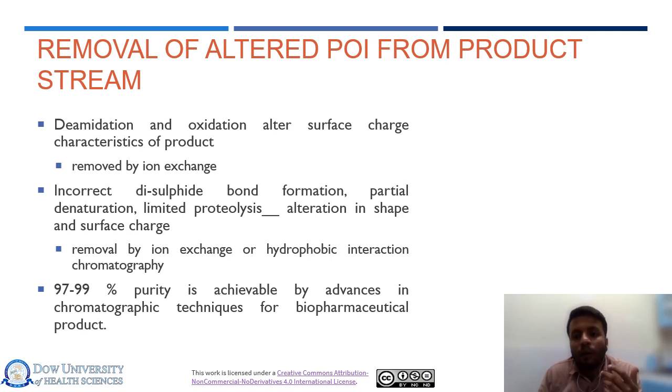This can in turn affect the biological activity and stability of the final product. Now, in this case, chromatographic techniques such as ion exchange chromatography or hydrophobic interaction chromatography are used to remove such products from the other active protein of interest.